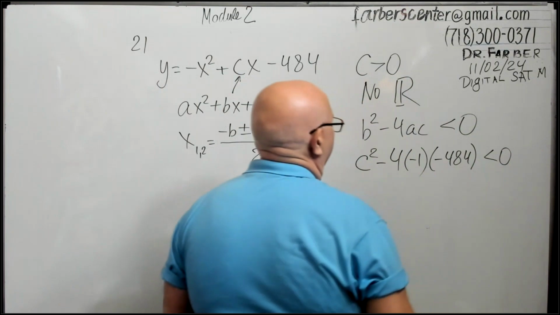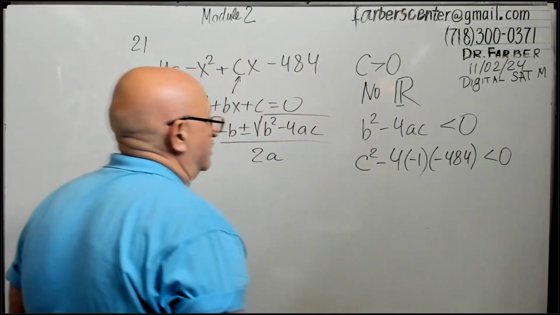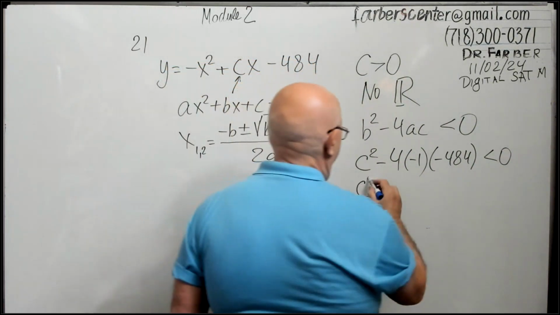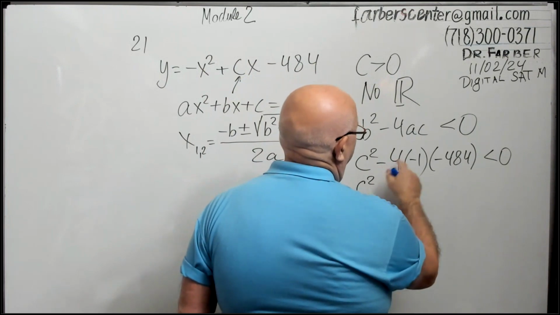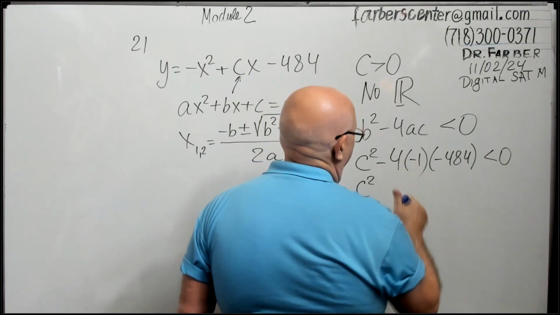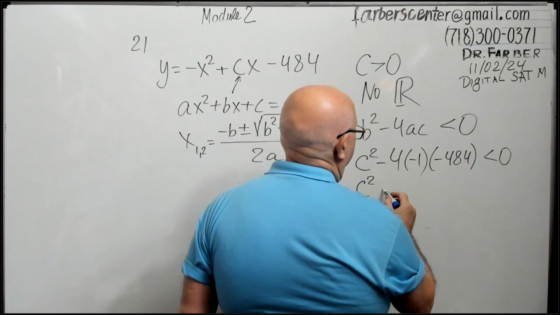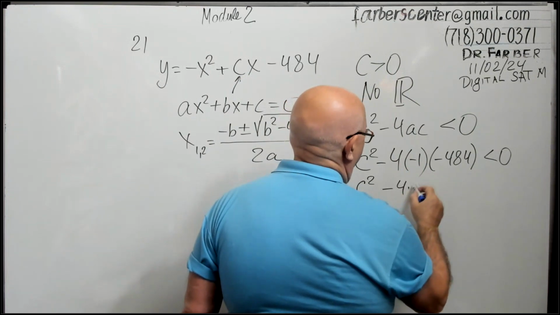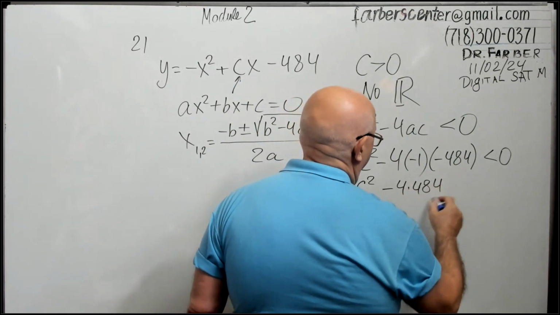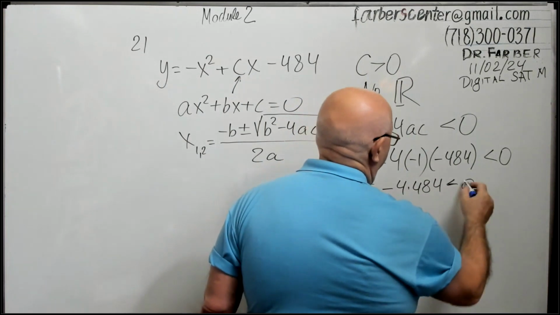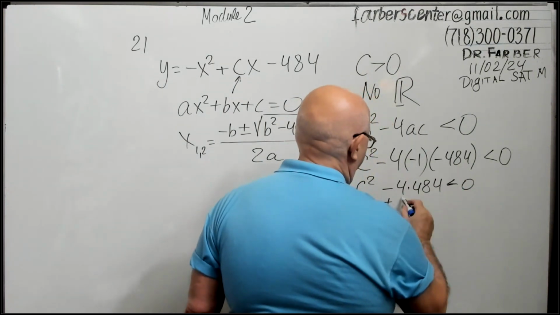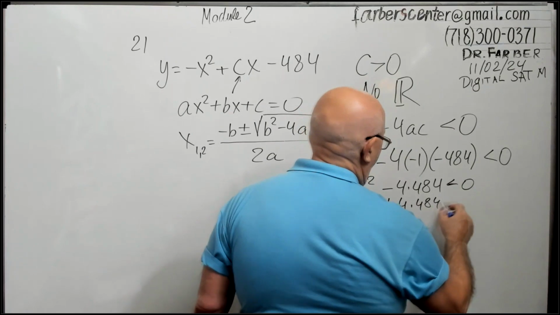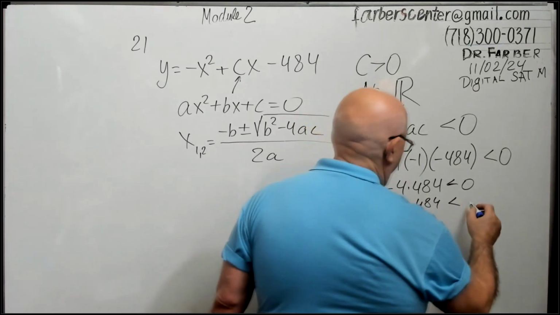When the discriminant is less than 0, they don't have real solutions. So c squared minus 4 times negative 1 times negative 484 is less than 0. Or c squared minus 4 times 484 less than 0.